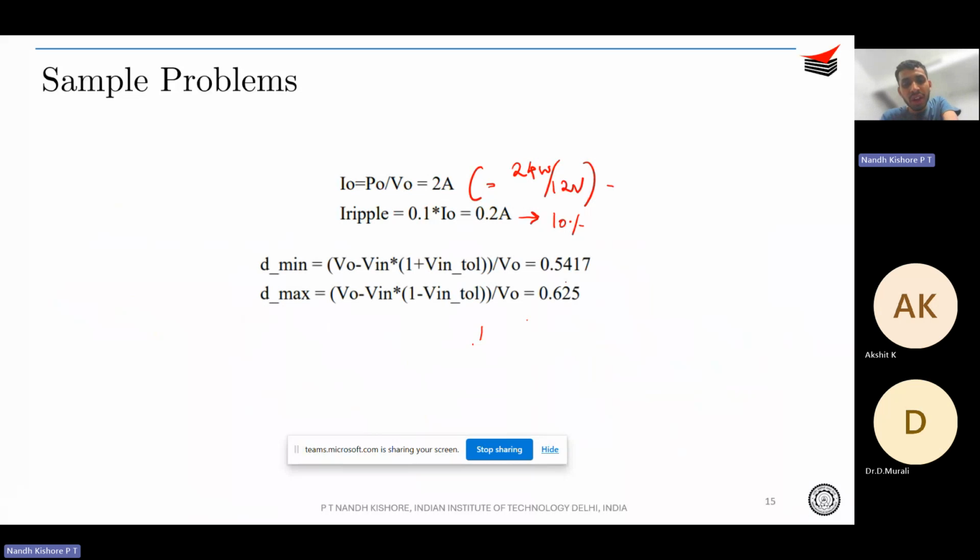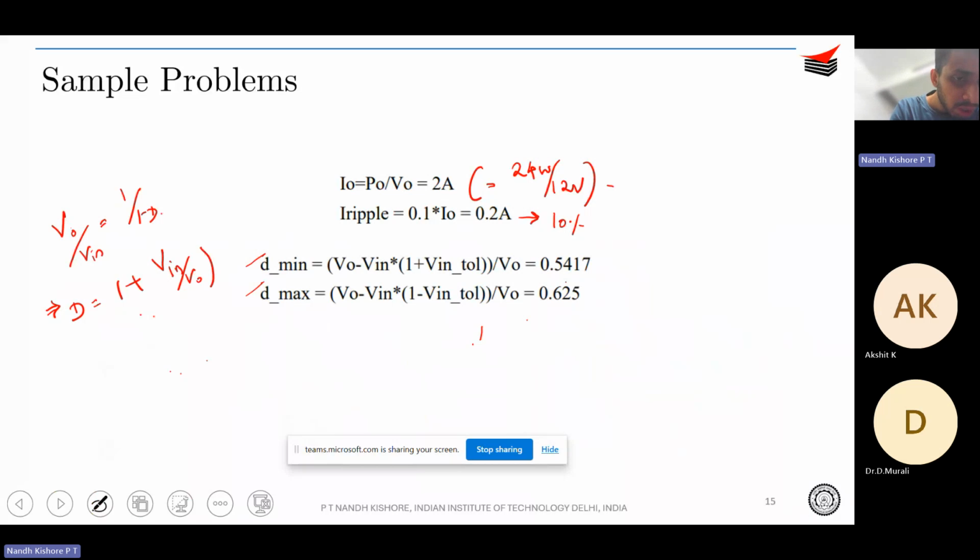But what is of more interest to us is the value of D min and D max. You know that in a boost converter, V naught by Vin is equal to 1 over 1 minus D. Therefore you may write D is equal to 1 minus Vin divided by V naught.